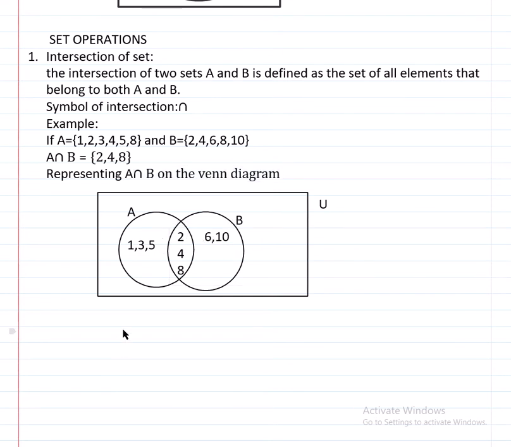All right, so simple and cheap, right? Okay, so here we go. So let's continue. We are able to represent our intersection of sets on a Venn diagram, and we know what it is.